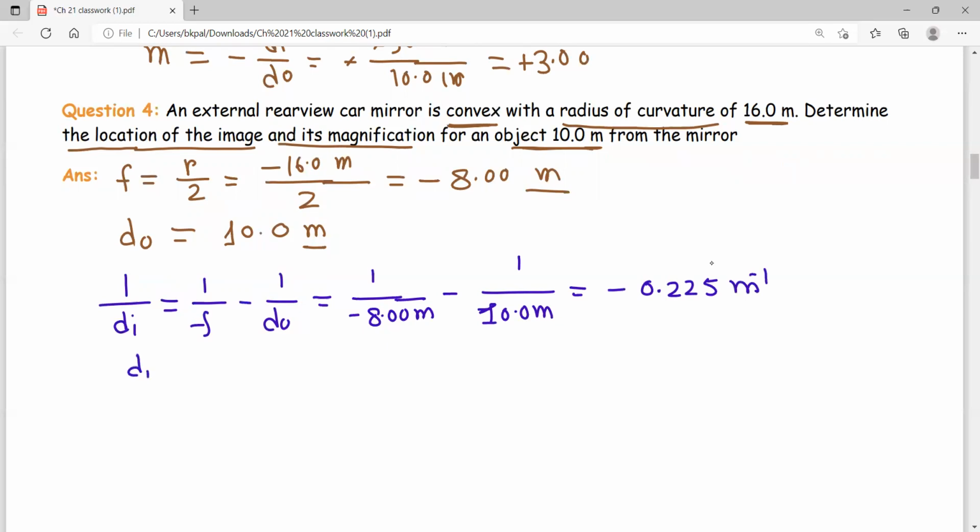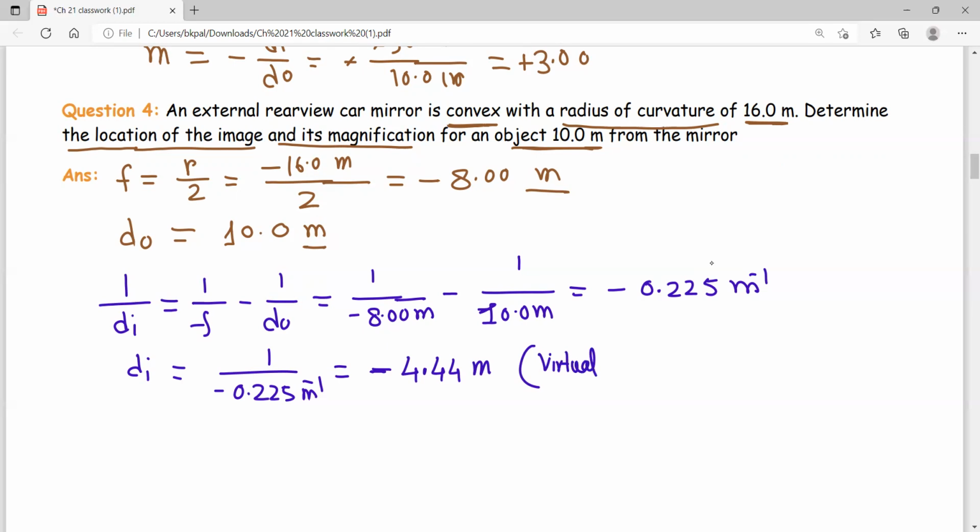And then di will be 1 over negative 0.225 inverse meter, and that is equal to negative 4.44 meter. The negative sign tells us that the image is on the other side of the mirror. That means it is virtual.